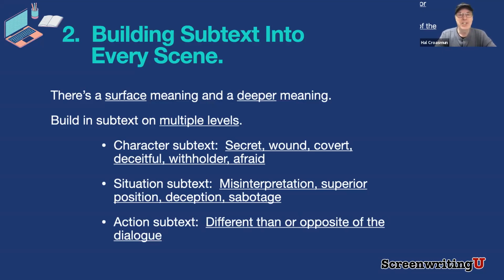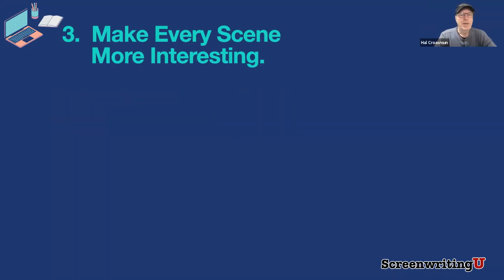There's action that is different or opposite of the dialogue, right? That's basically what I just showed you a moment ago, where the boss could be saying, I want you to keep an eye on things, while the character's actually stealing stuff right there in front of them. So there's lots of ways to do that. Okay. Number 3.